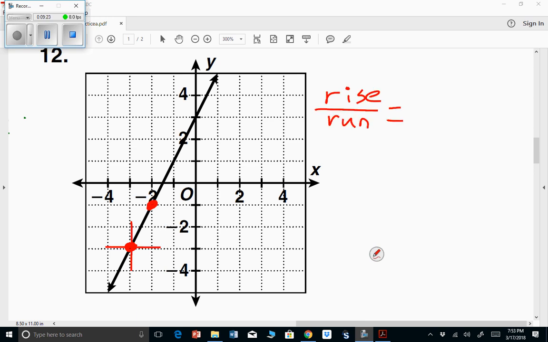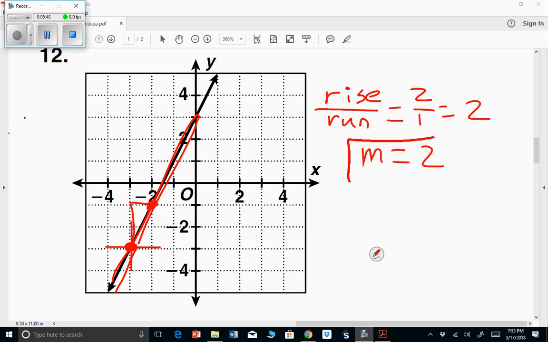Start with the lower one, so we actually have rise. Okay, so the rise is 2, and then we're moving to the right in a positive direction, so the run is 1 in a positive direction. And we can see the slope of this line is going to be positive. 2 over 1 simplifies to 2. So the slope of that line is 2.